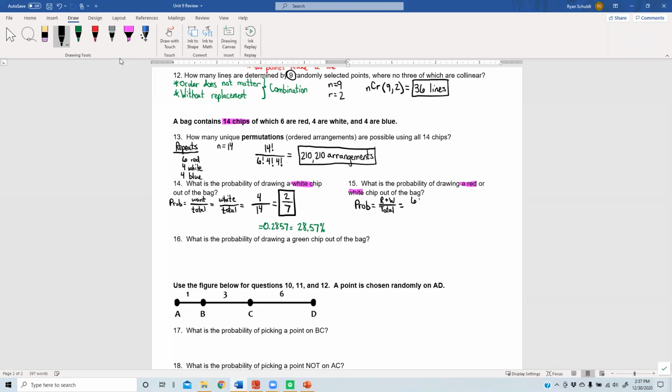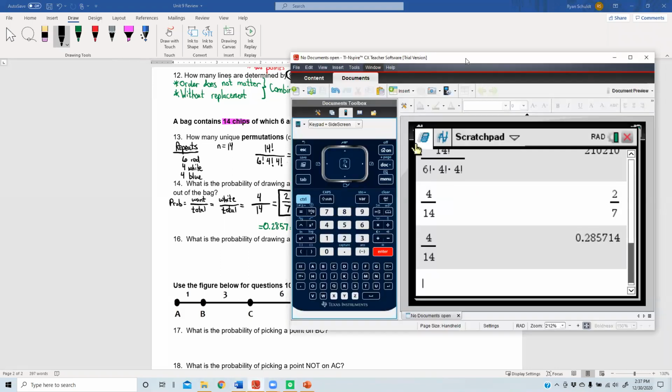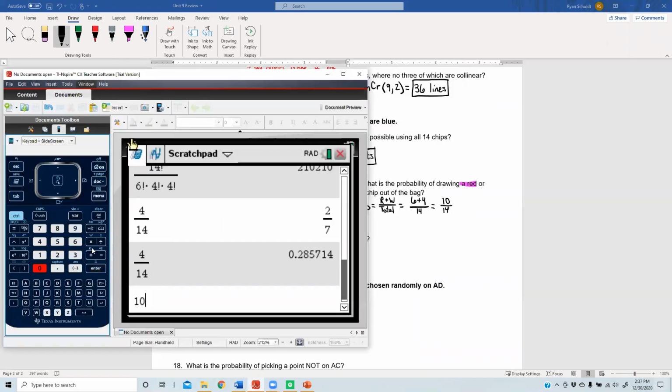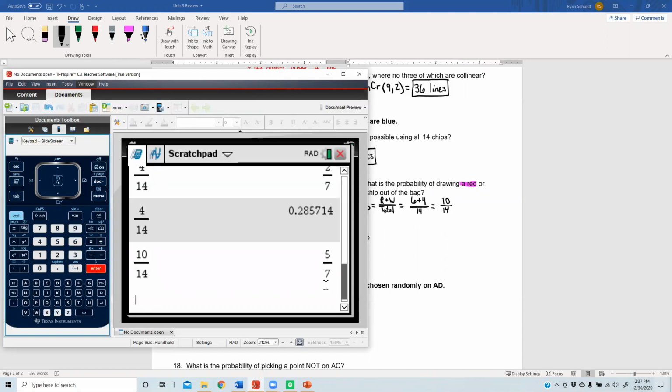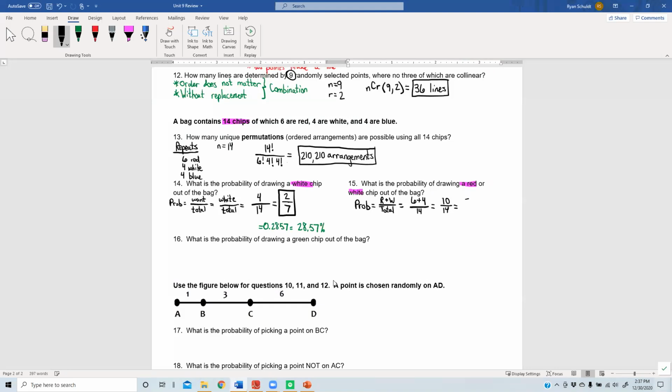So 6 plus 4 over 14. It's going to be 10 over 14, which, again using our calculator, 10 divided by 14 is 5 over 7. This is 5 over 7.